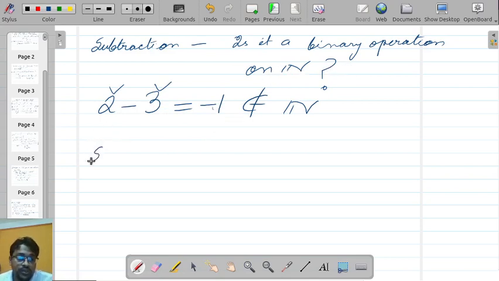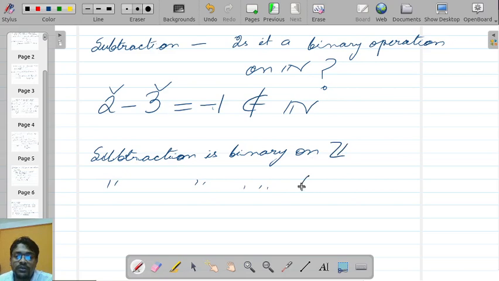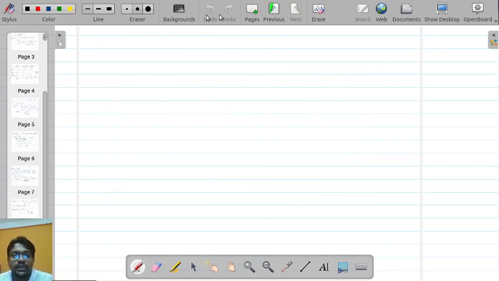But of course subtraction is binary on the set of integers. Similarly subtraction is binary on Q also: if you take two rational numbers, their difference is always a rational number. Subtraction is binary on R also: if you take two real numbers, their difference is always a real number.